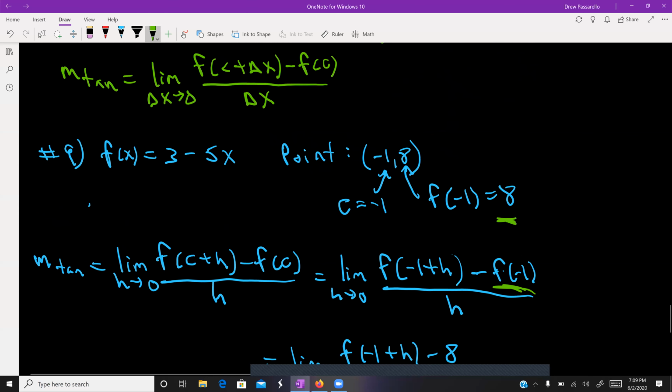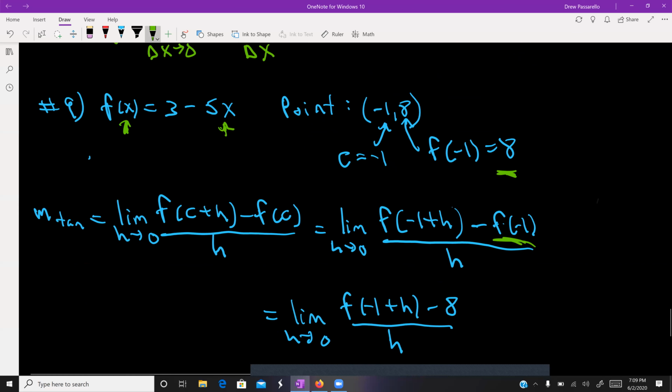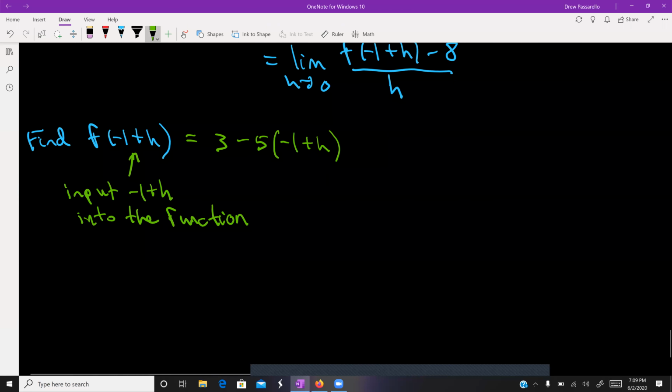And again, I just plugged in. We have inputs x in this case, so wherever x is in the equation, that's where I'm plugging in negative 1 plus h. Then I distribute the negative 5.